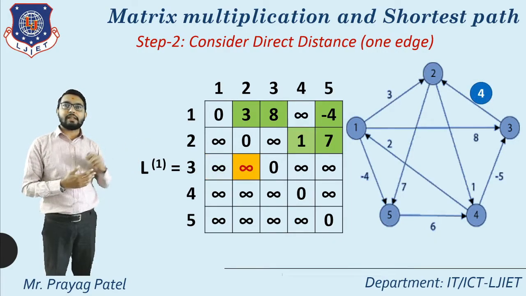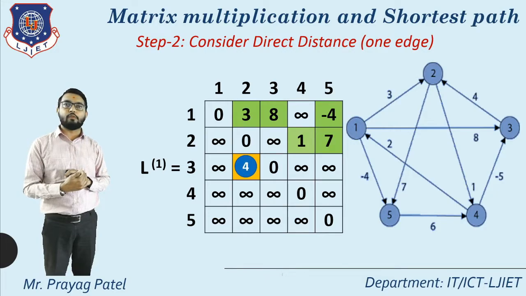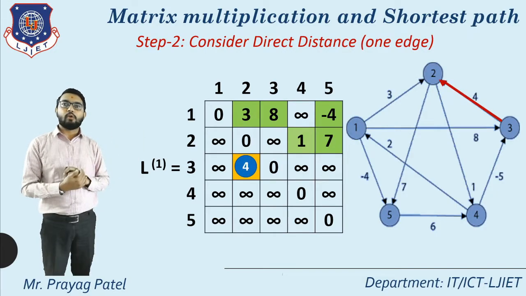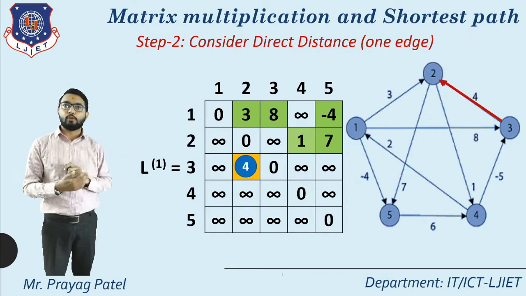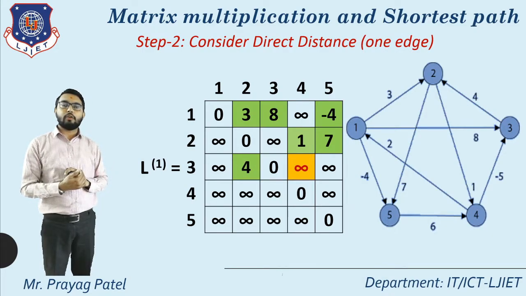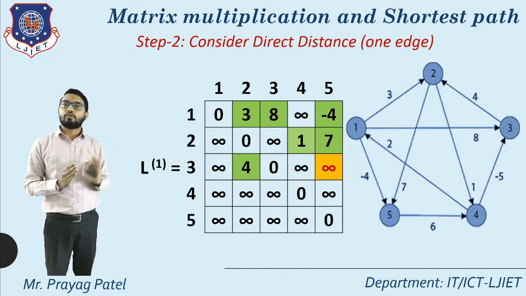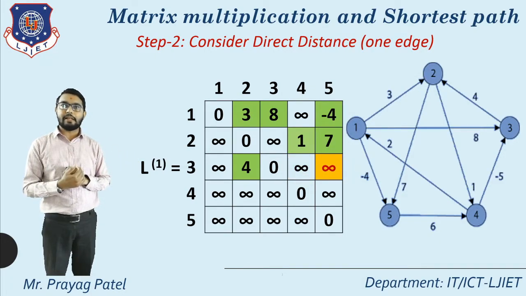Now next, is the 3 to 2 path available? Yes. So consider this path 3 to 2 and put the value 4 in this table. Now next is 3 to 4, which is already infinity. Is the path from 3 to 4 available? No. So it remains infinity as it is. Then the next path is 3 to 5.